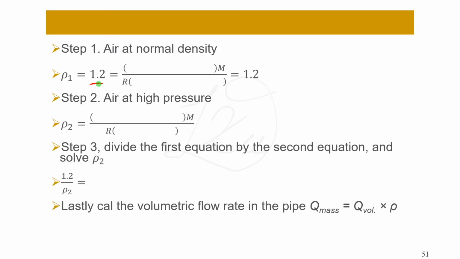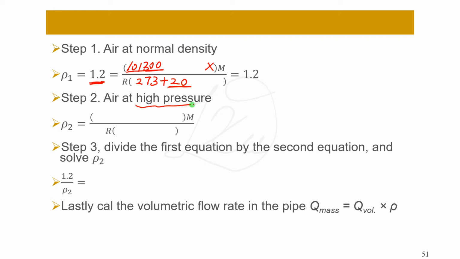So at 1.2, we have P equals 101,300, times M divided by R, and the temperature is 273 plus 20 degrees. So at this density, we have this pressure and a temperature of 20.